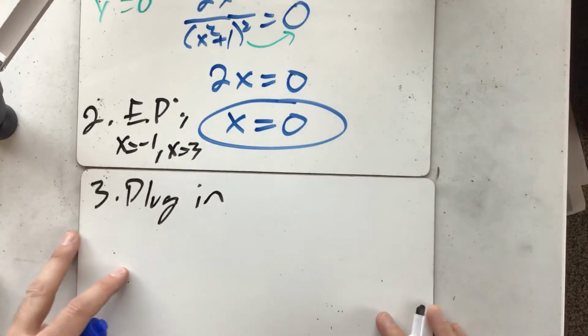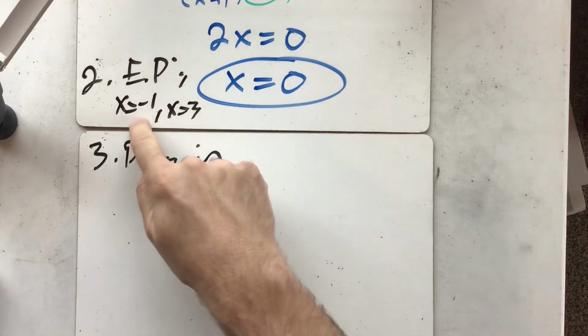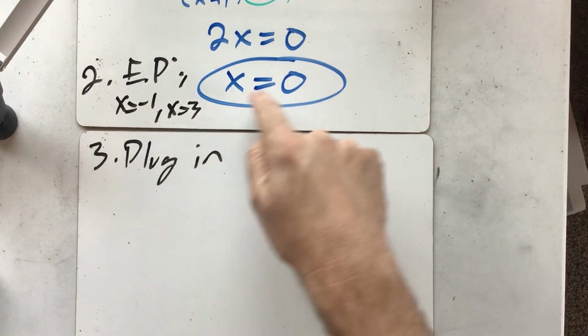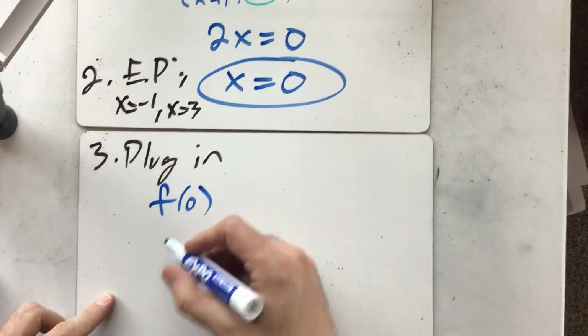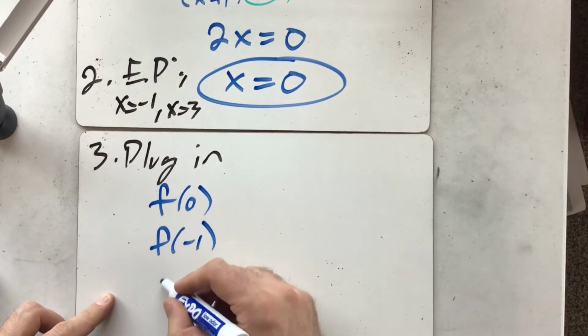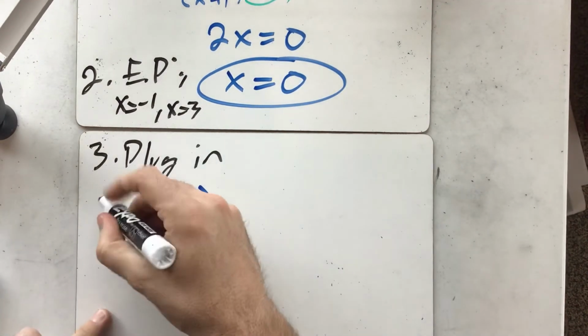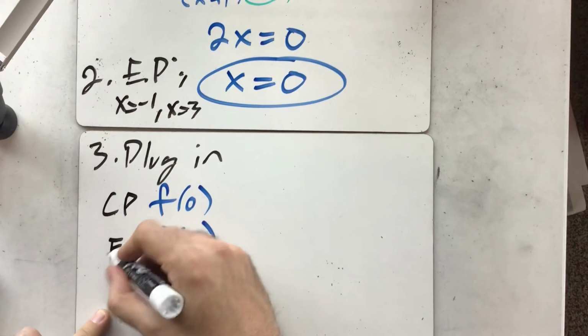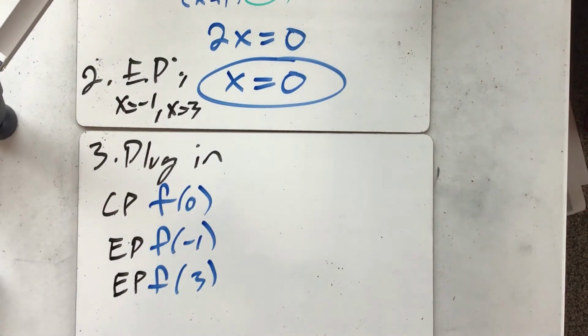When we plug in, we plug in these two endpoints and this critical point. So we plug in f of 0, f of -1, and f of 3. So this is a critical point, and then this is an endpoint, and this is an endpoint. So we got our critical point, endpoint, and endpoint, and we plug them into our original equation.